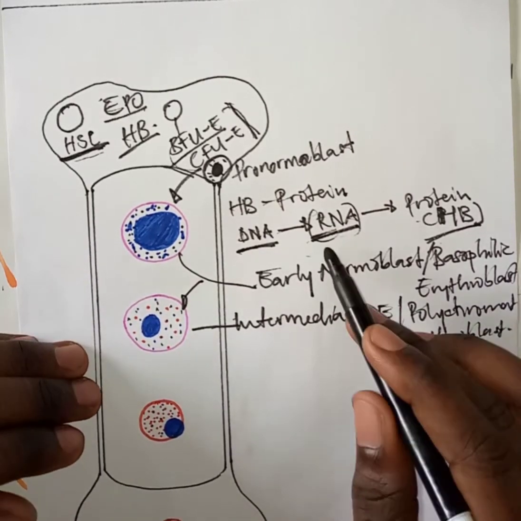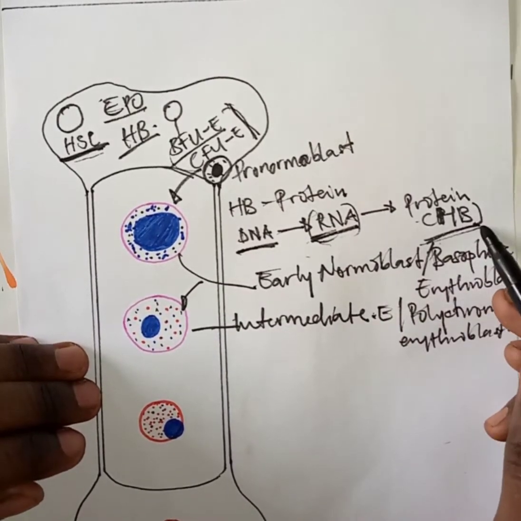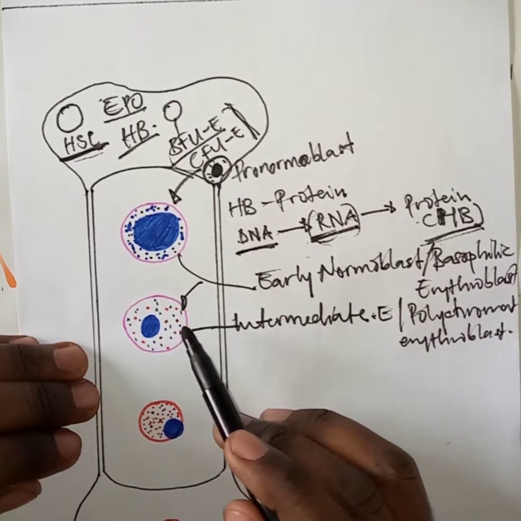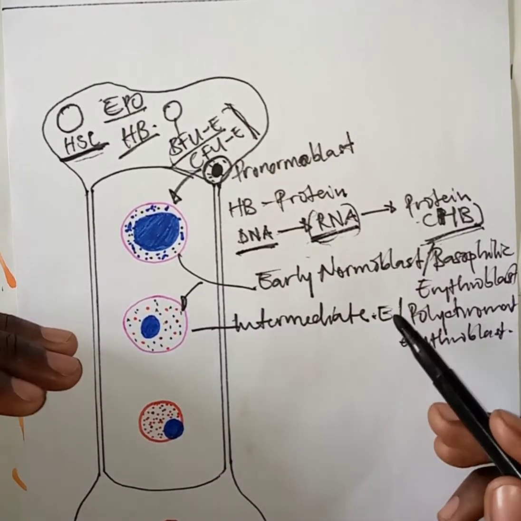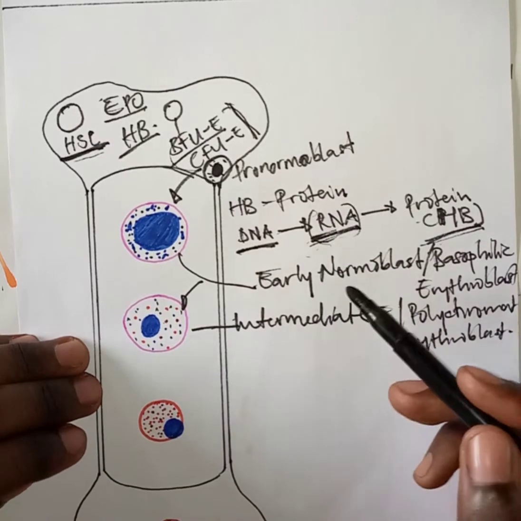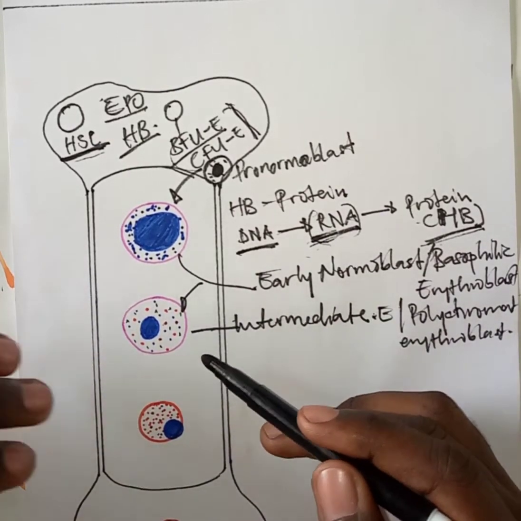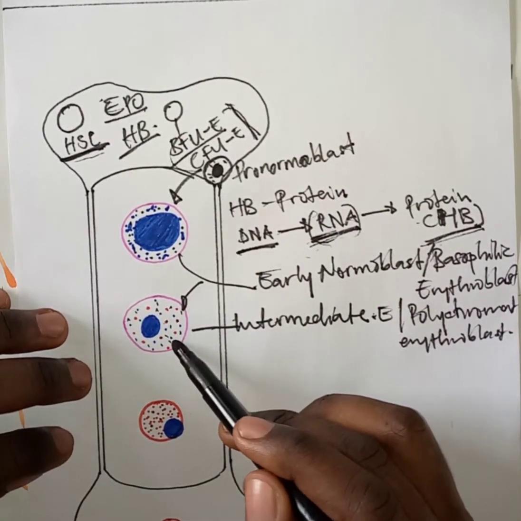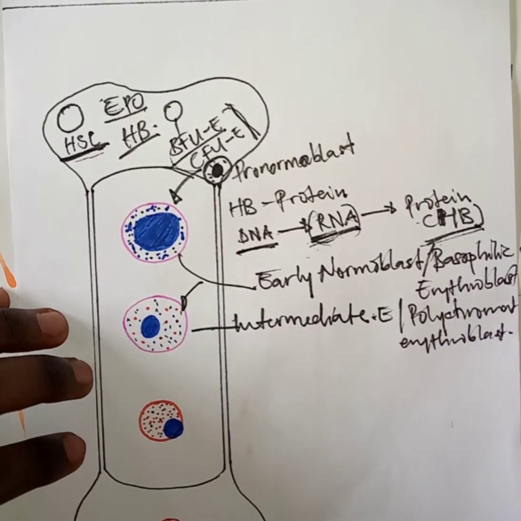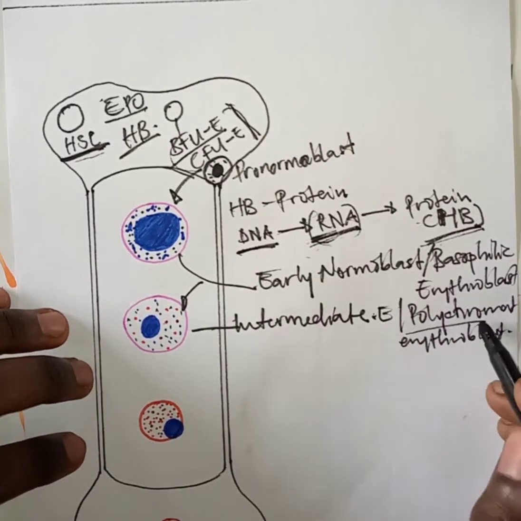Part of the RNA is being converted to the protein, which will show up as a pink stain. Then the residual RNA that is still in the cytoplasm will still make the cytoplasm a little basophilic, giving it two colors.